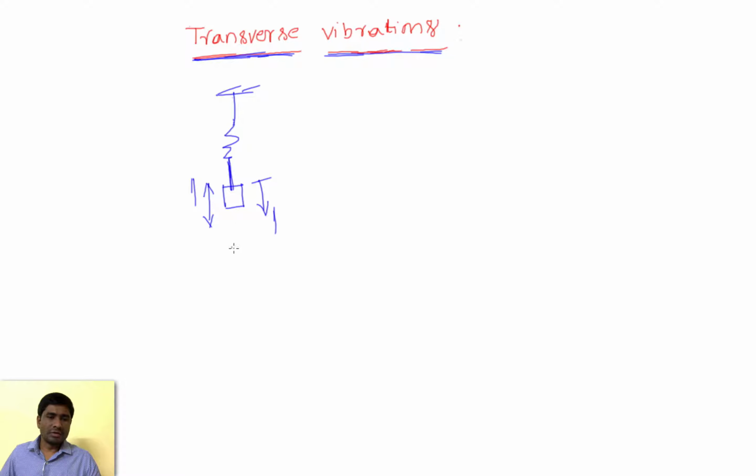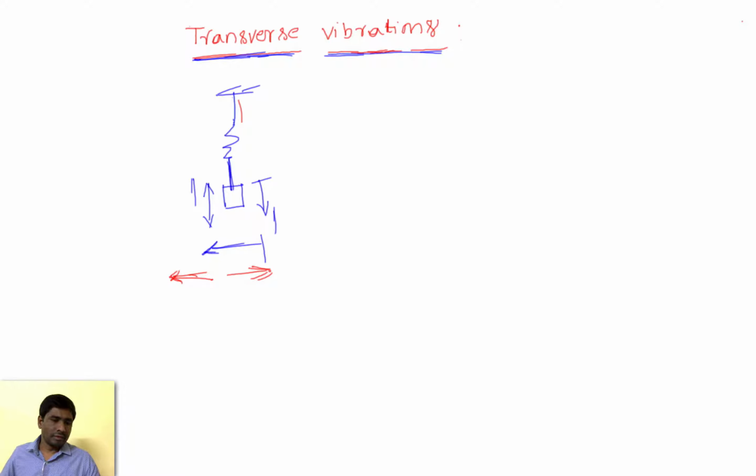But instead of this, if I give an initial displacement in this direction, horizontally, then instead of moving up and down, the mass will move sideways. So the movement of the mass is perpendicular to the length of the spring here.